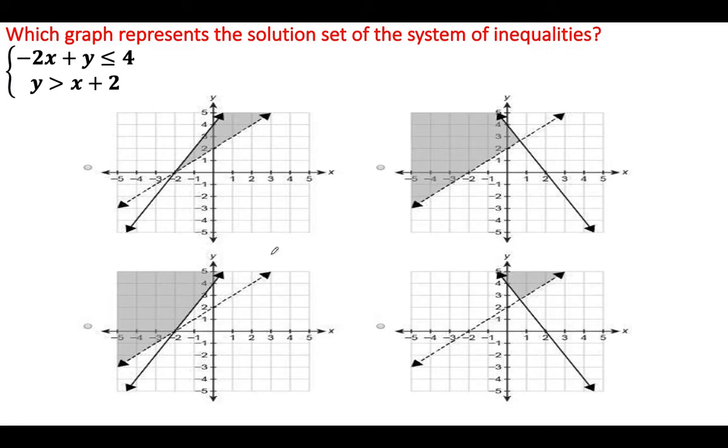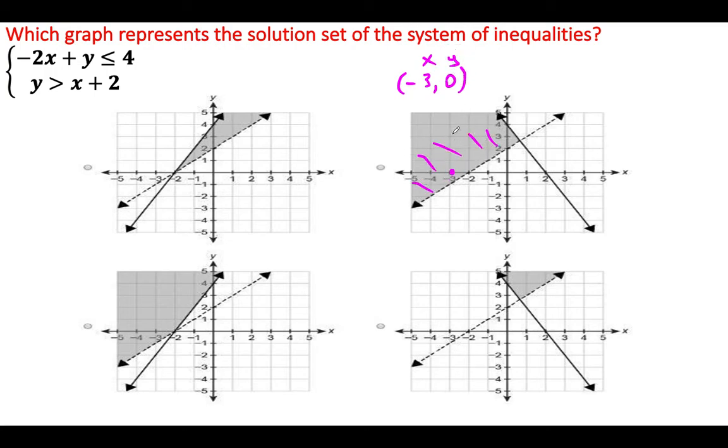When the graphs are given like this, it's better to take some test points and to decide. For example, if this region is a solution, let me take this one, which is negative 3, 0. X is negative 3, y is 0, is it in the solution?